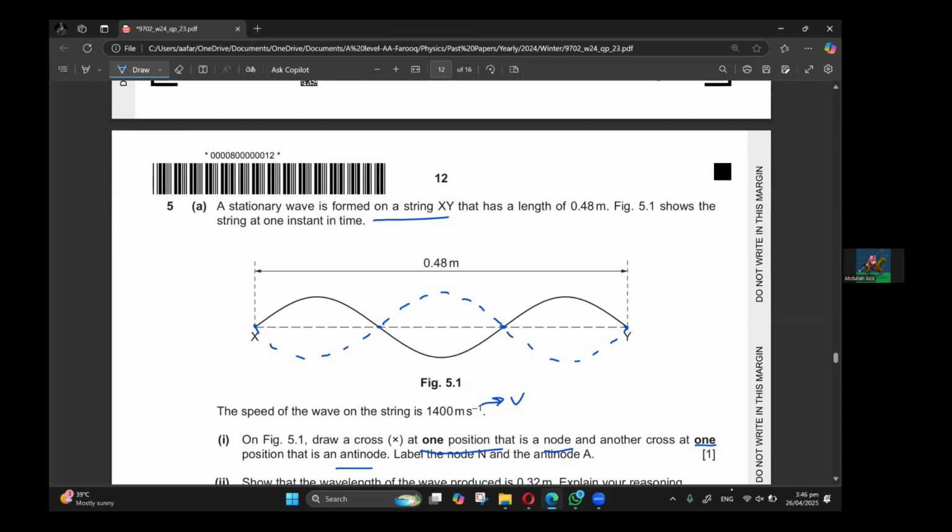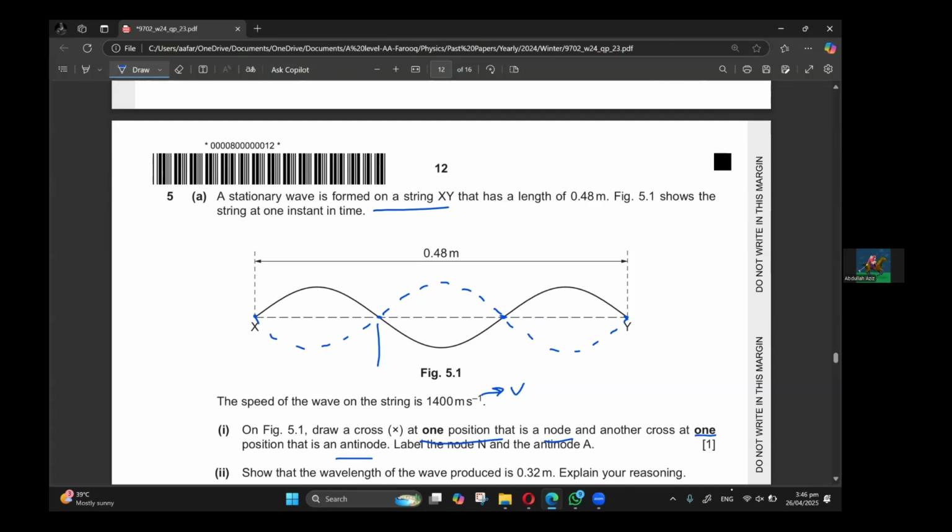So which points are not moving? These points are not moving. So we can say node. And the points of maximum amplitude, those are antinodes. Antinode. And we only have to label one because they said one. If we label two, we won't get the mark.